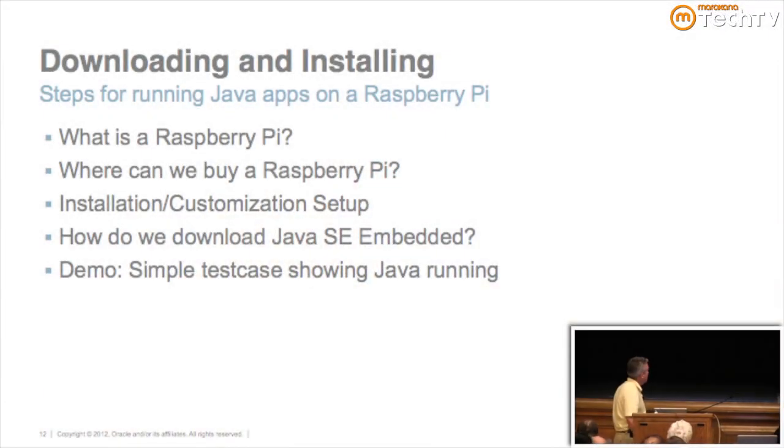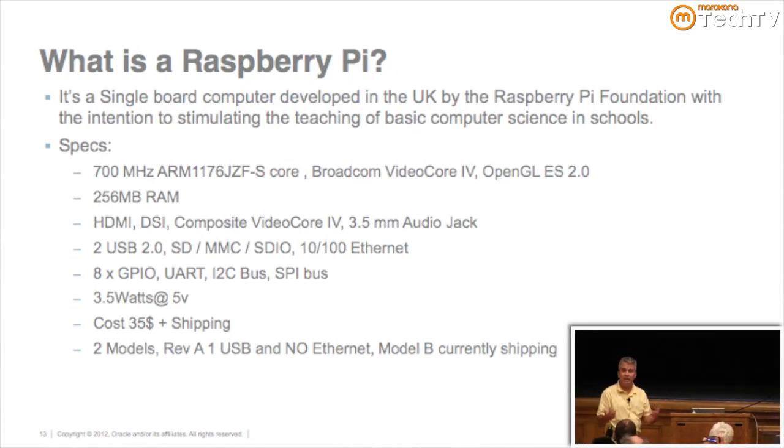I don't know if everybody can see it, but the Raspberry Pi was basically made to try to engage the students to actually learn more, and maybe engage us to actually teach more to children, and maybe teach Java on a platform like this. So this is an ARM v6 system, 700 megahertz.